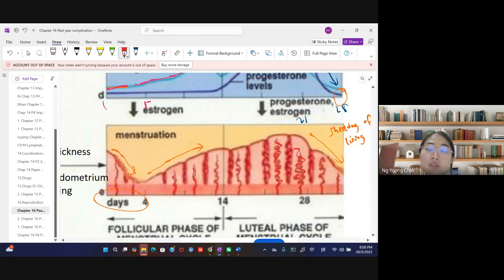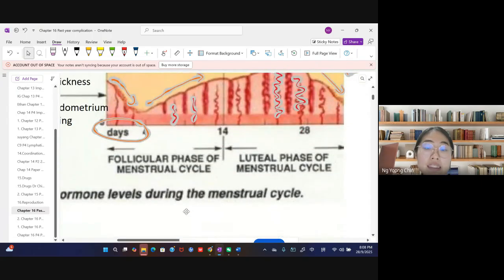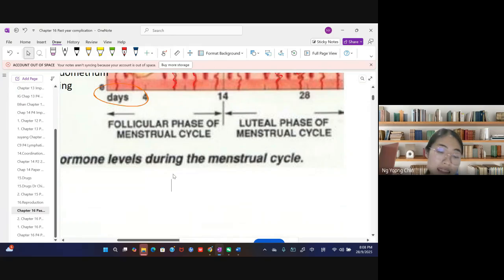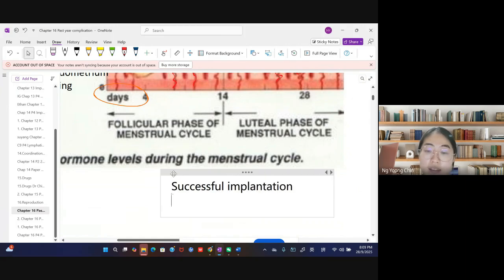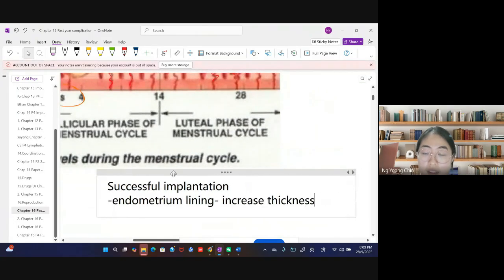This we know as vascularized. In order to have a successful implantation, the endometrium lining needs to increase in thickness and become highly vascularized.